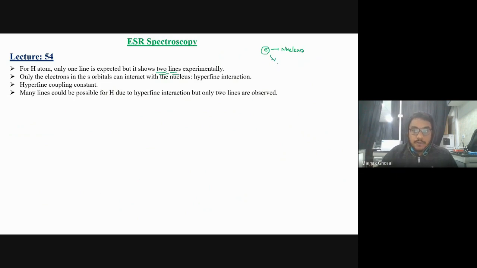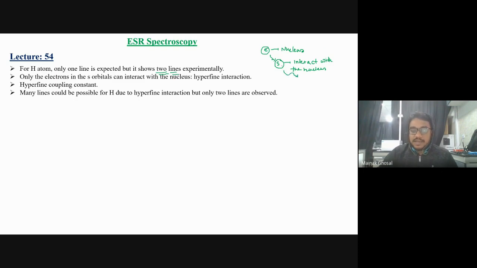No, the electron present in the s orbital actually interacts with the nucleus. And the p orbital and other orbitals' electrons do not interact. Why are they not interacting?